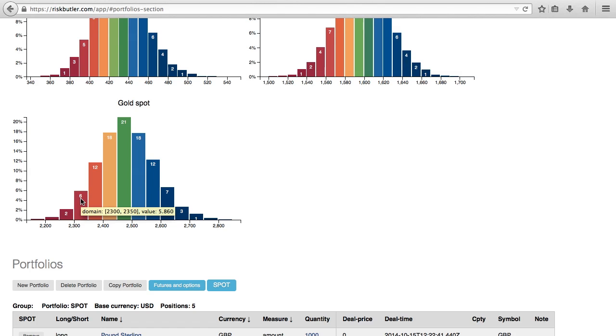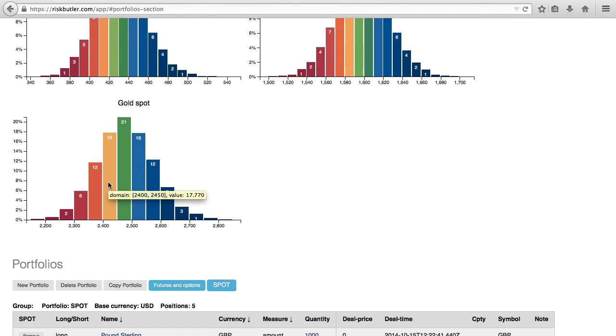The histogram shows the percentage chance of different values, and in this case you can also use the mouse pointer, and a tooltip will reveal more details about each of these bars.